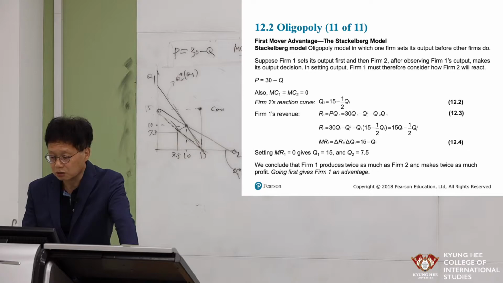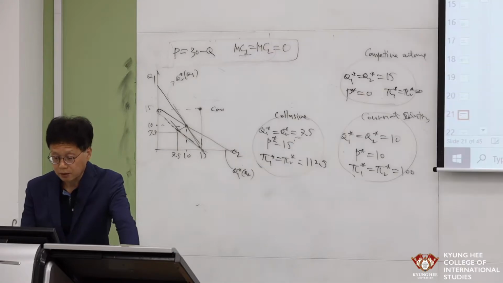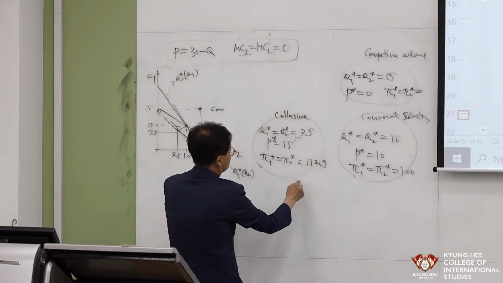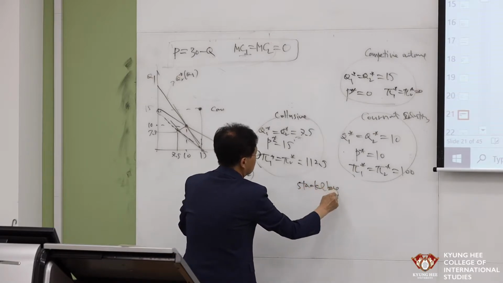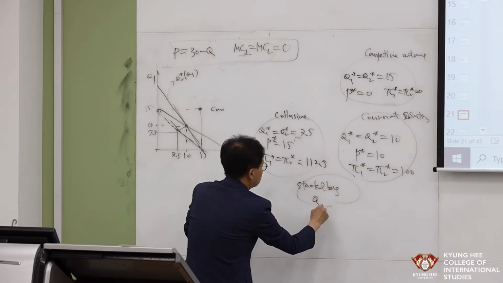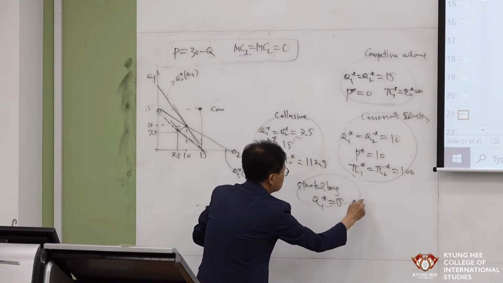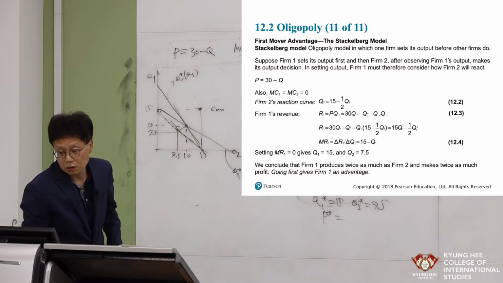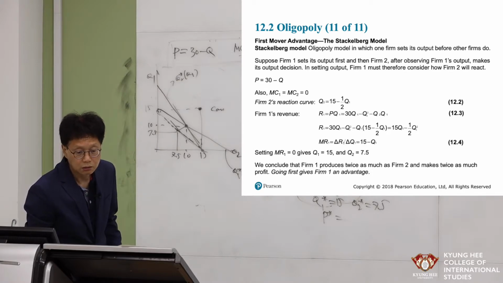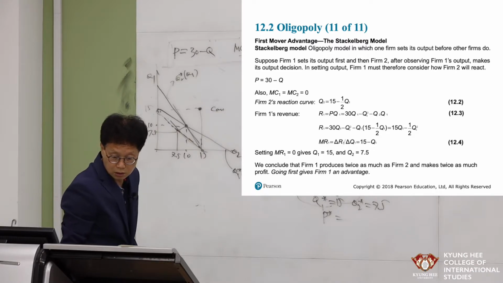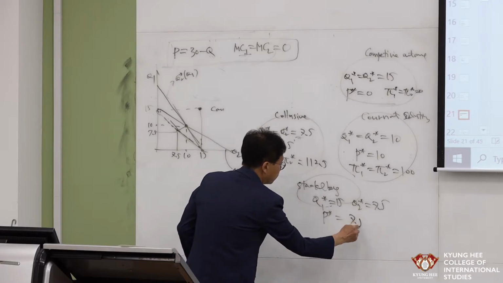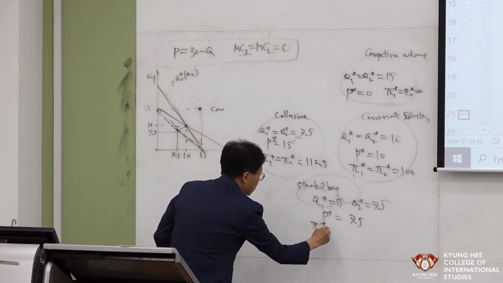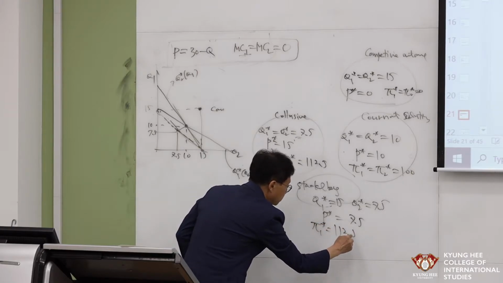So marginal revenue is equal to 15 minus Q1. Set marginal revenue equal to marginal cost, Q1 star is 15, right? That is the Stackelberg outcome. Q1 star is 15, Q2 star is 7.5, price is equal to, I forgot, what is it? Price is the same, 7.5, and firm 1's profit is equal to 112.5.